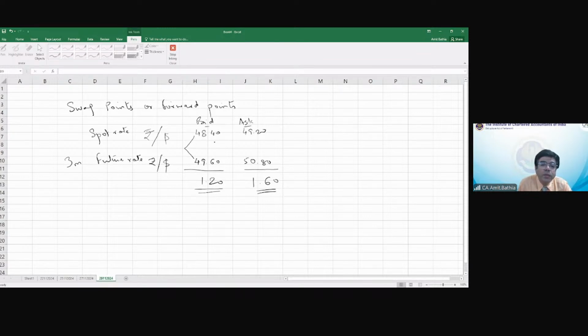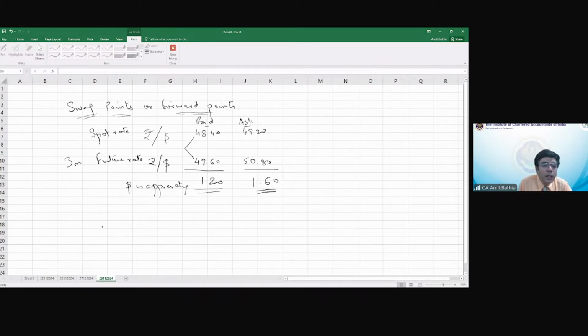This is a direct quote, remember? So when dollar is going to become more expensive, which means rupee is going to depreciate and dollar is appreciating. You have already learned the concept of appreciation and depreciation of a domestic currency and foreign currency in the very first session. Here, what we are identifying is the meaning of swap points or forward points. So these differences are known as swap points or forward points.